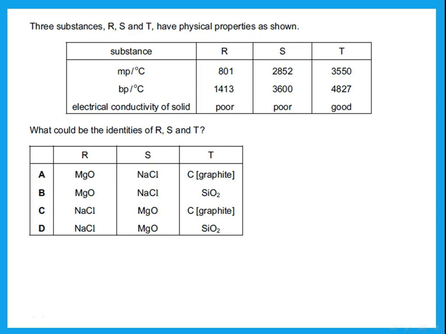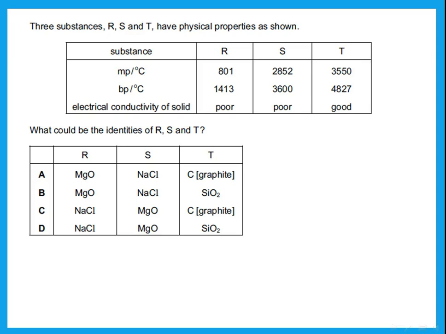So obviously both R and S are ionic, but which would be magnesium oxide and which one would be sodium chloride? Remember that we said when we compare between things with more charges, the one with more charges is the one that has higher melting point.